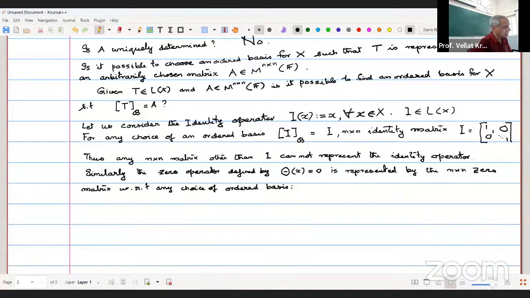So your question is now completely ruled out. That means given a linear transformation T and an n by n matrix A, is it possible to fix an ordered basis such that with respect to that ordered basis, the representative of T is equal to A?